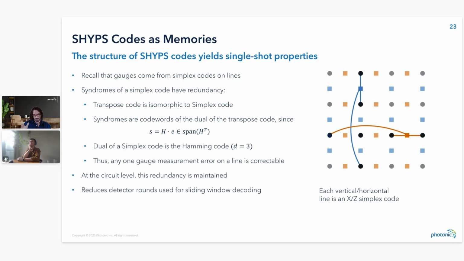Now, this is all at the code capacity level, but it turns out that when you transport all of these things to the circuit level, essentially all of this redundancy is maintained. So you have redundancy in these gauges, and you can make use of it in your decoding. And so what this allows us to do is to use smaller and smaller sliding window sizes.